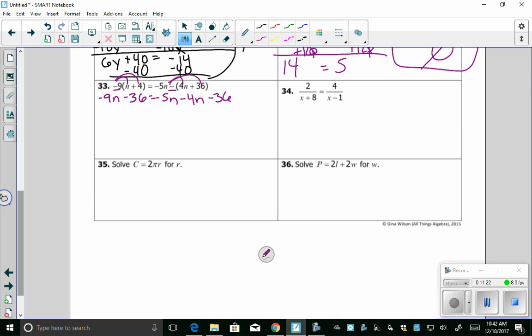Combine like terms. I have none on the left side, but on the right side I have this. So I'm going to have negative 9n minus 36 equals negative 9n minus 36. So add 9n to both sides, and you get negative 36, because my n's on both sides cancel out, equals negative 36.